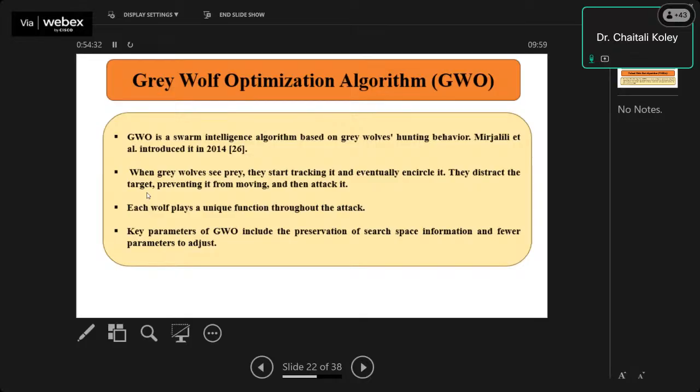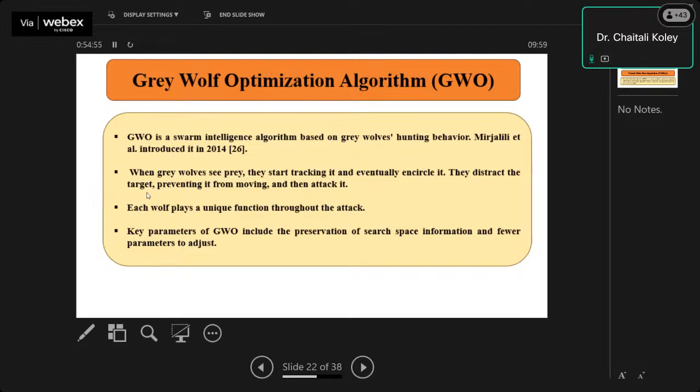The group of wolves keeps tracking that particular prey. They distract the target, prevent it from escaping, and then when nothing else is going on, they attack that particular prey. This is a unique function used for the attack.